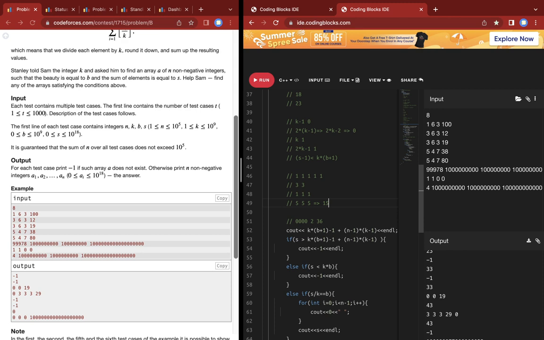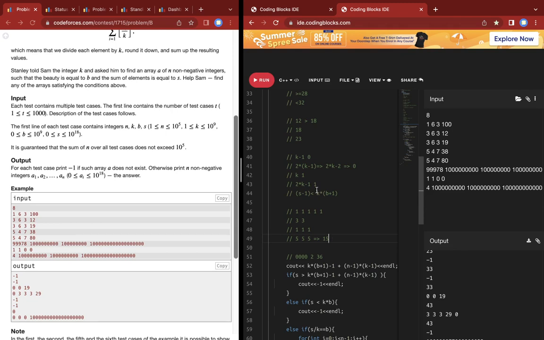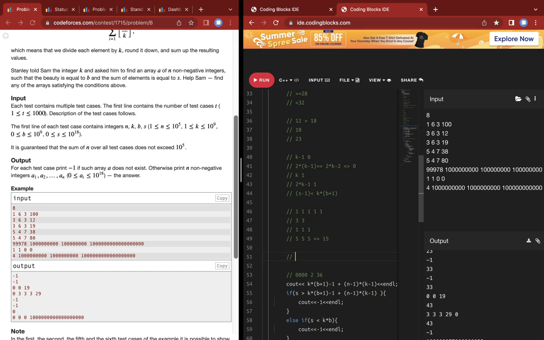Or we could do a 6, sorry, 7, 8, 8, and then this would be a 2, this would be a 5, and that is 15 again.